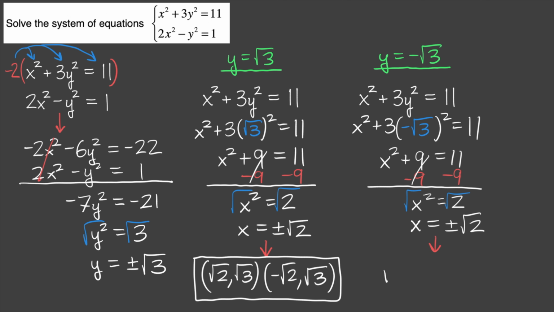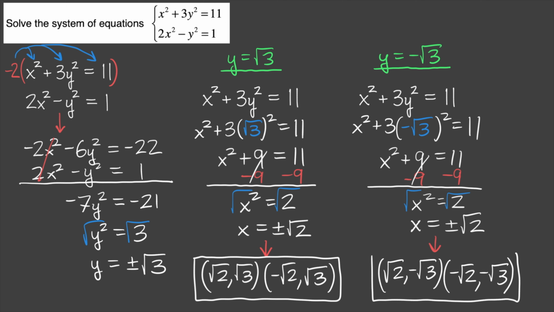So the first point is going to be root 2 comma negative root 3. And the second point is going to be negative root 2 comma negative root 3. All right, so those are 2 more points where these two graphs intersect. So for a total of 4 points where these two graphs intersect.